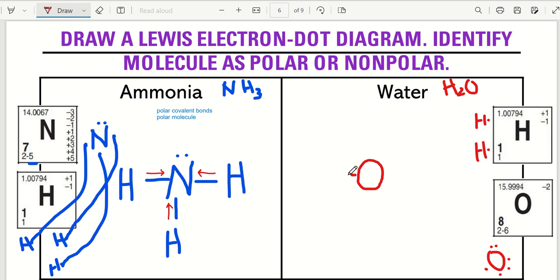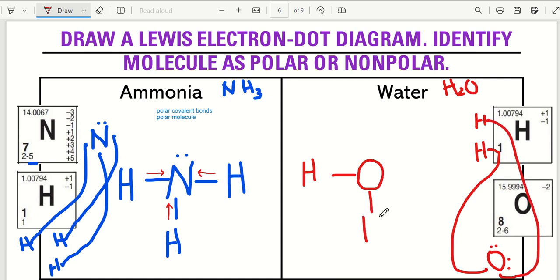So on this side, I'm going to draw a line and connect it to something else that has an unpaired electron. Go back to my oxygen. I have an unpaired one here. Draw a line, and that's going to connect to what else I have available, which is a hydrogen. All of the unpaired are accounted for, so just add these.